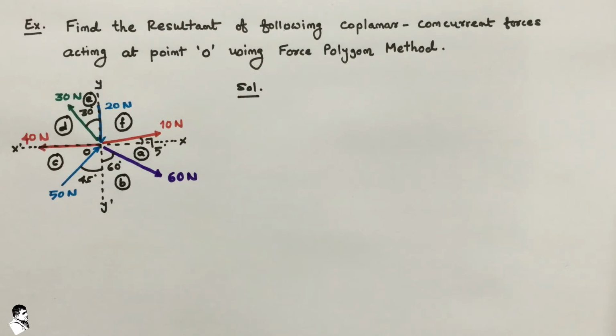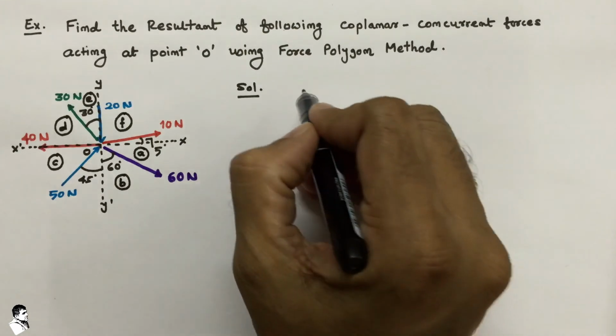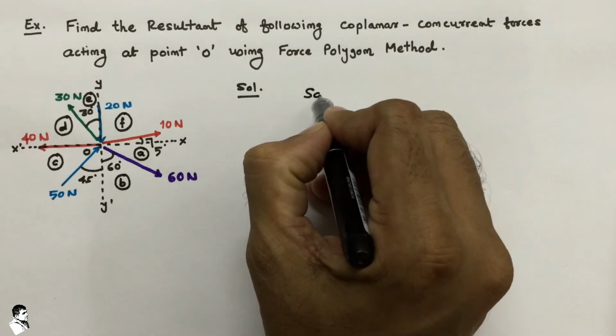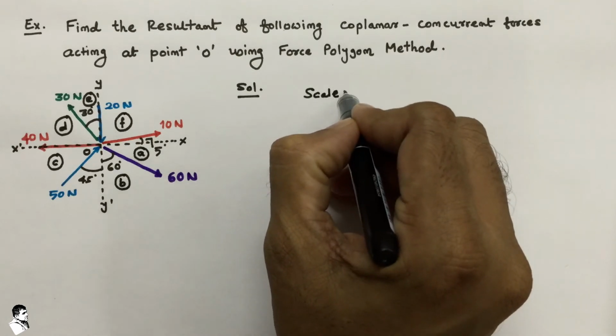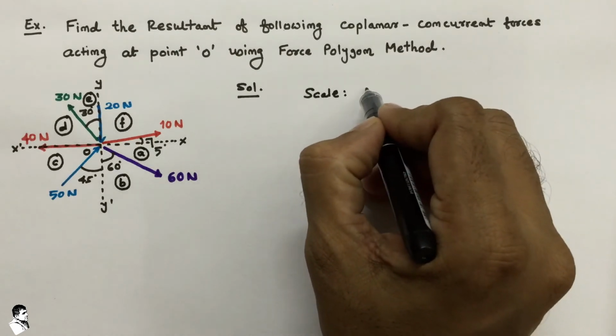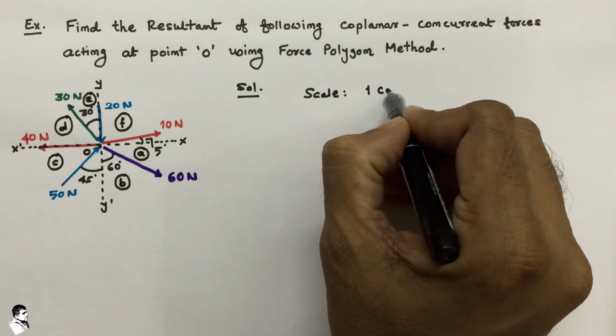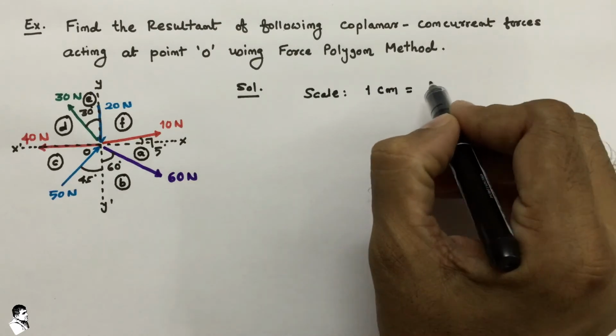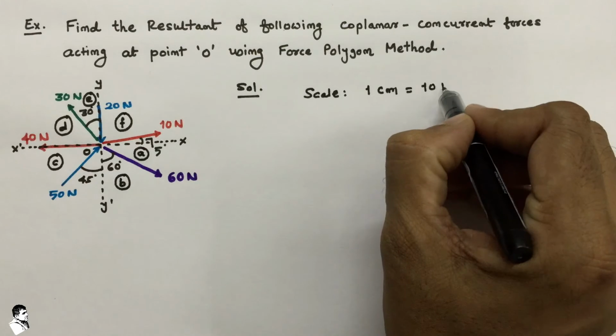Now for the solution, we first have to take an appropriate scale. Let us say the scale we select is 1 centimeter equal to 10 Newton.